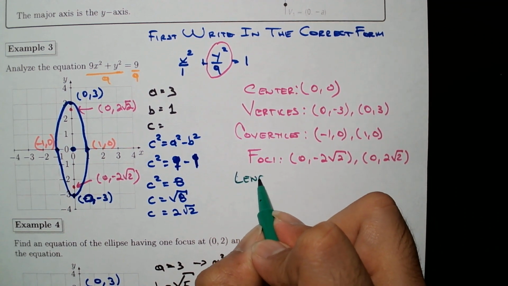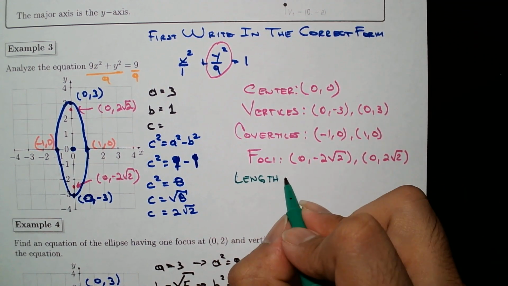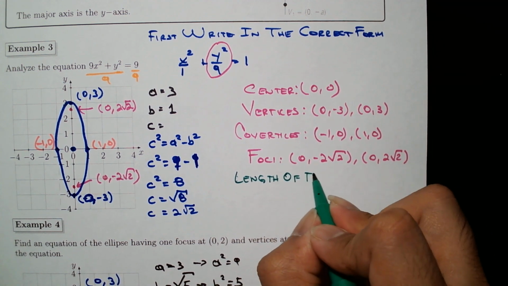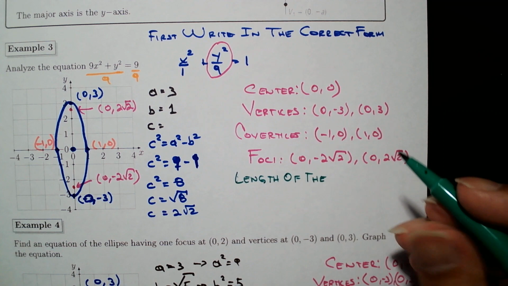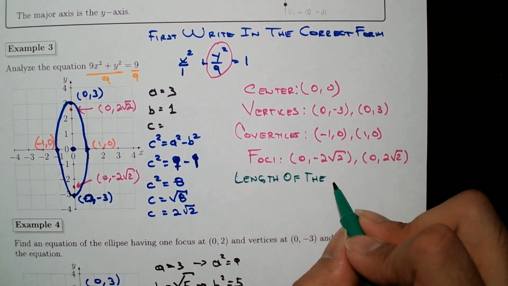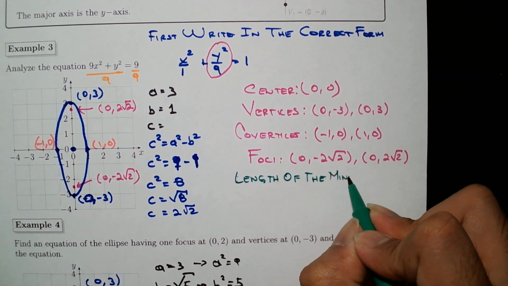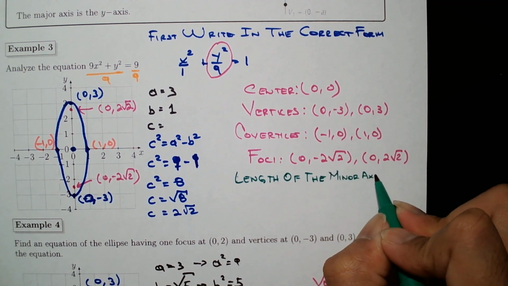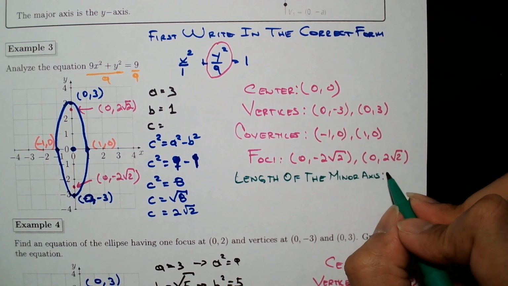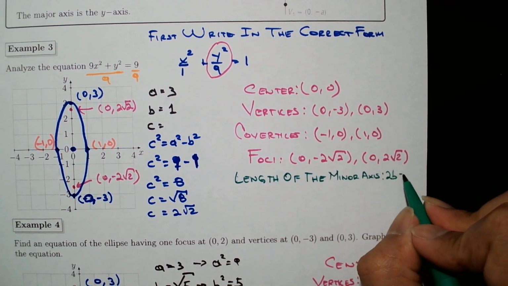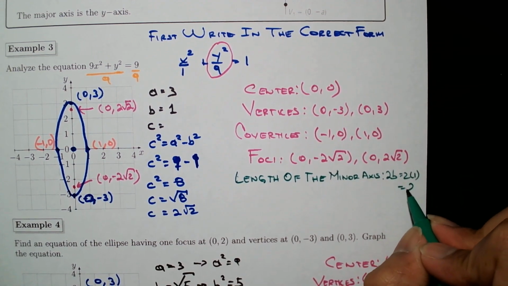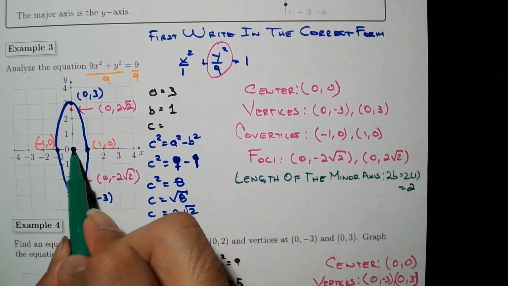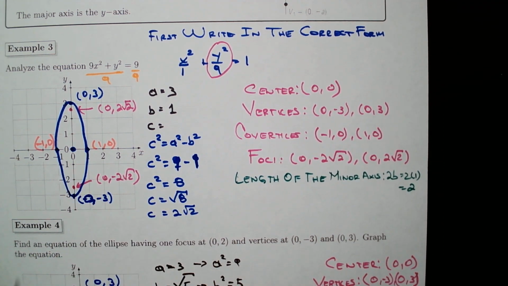of the minor axis, which in this case is 2b, which is 2 times 1, which is 2. And it goes 1, 2 units. That's the minor axis.